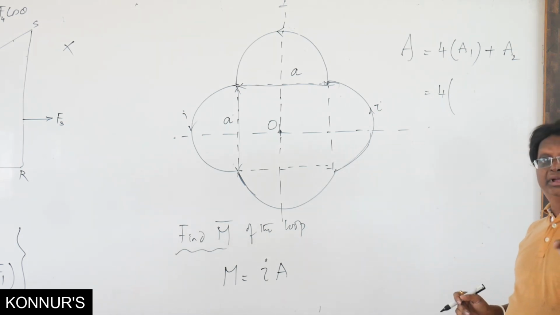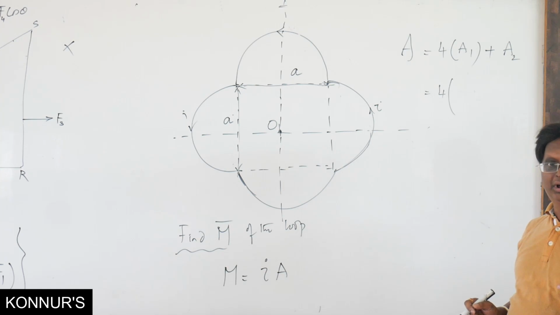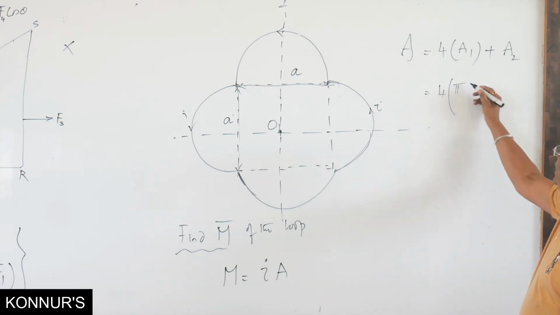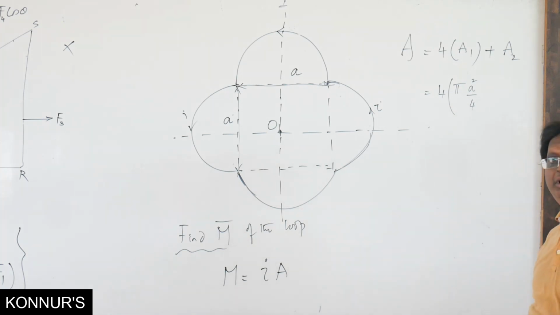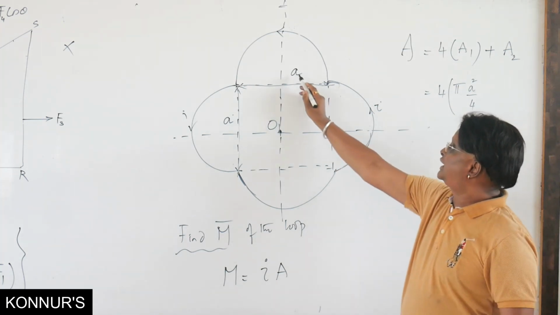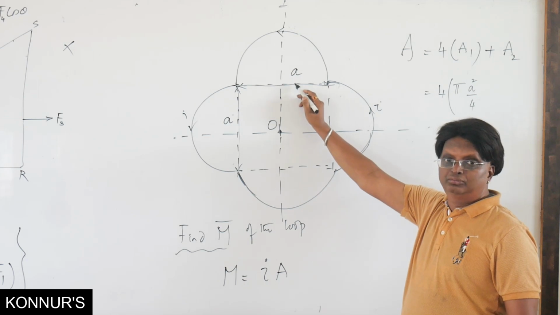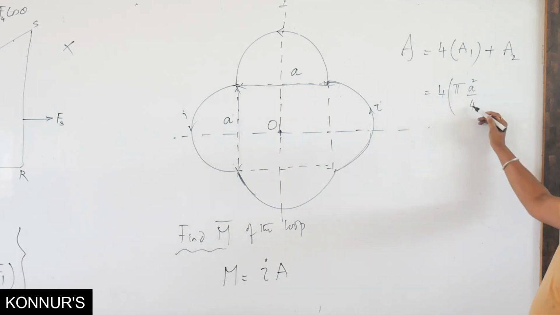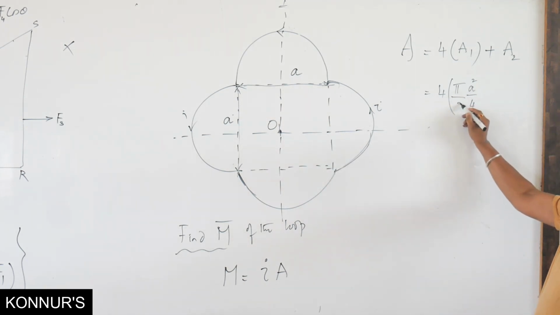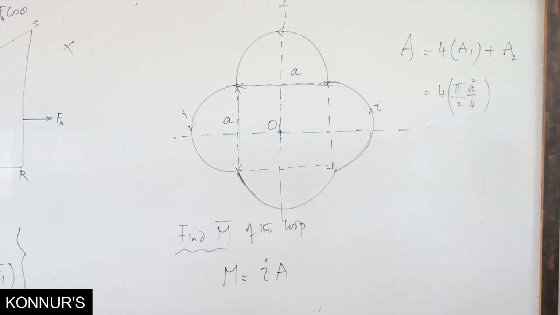Area of a circle is pi r squared, therefore for a semicircle it is pi r squared by 2. Remember why a squared by 4? Because the radius is not a, but a by 2. So r squared is a squared by 4, half of that. Pi a squared by 4, half of that, for each semicircle.